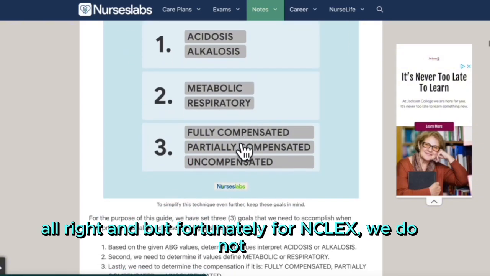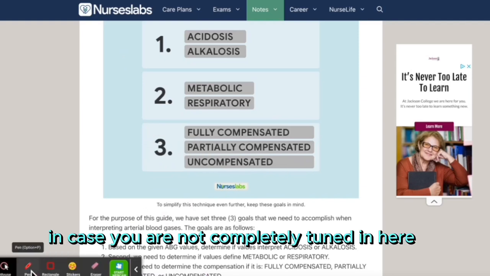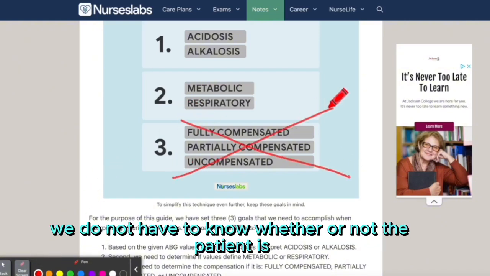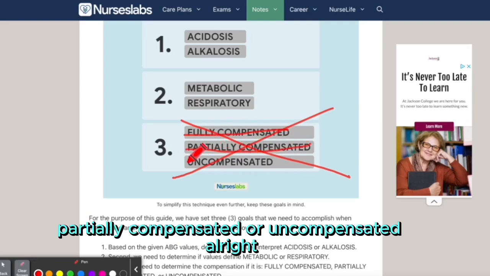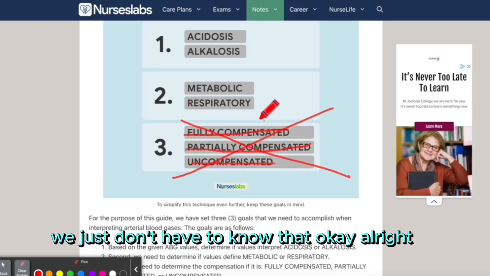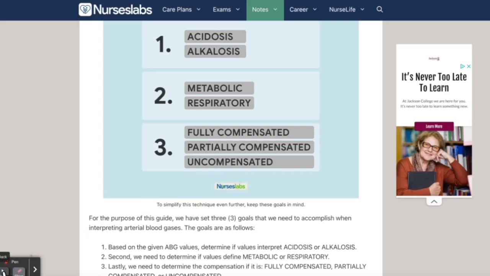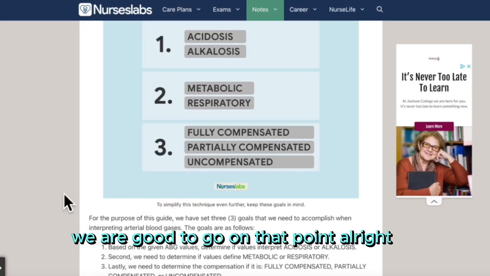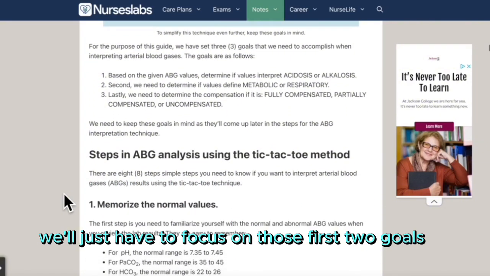But fortunately for NCLEX, we do not have to know whether or not the patient is fully compensated, partially compensated, or uncompensated. We just don't have to know that. So we'll just focus on those first two goals.